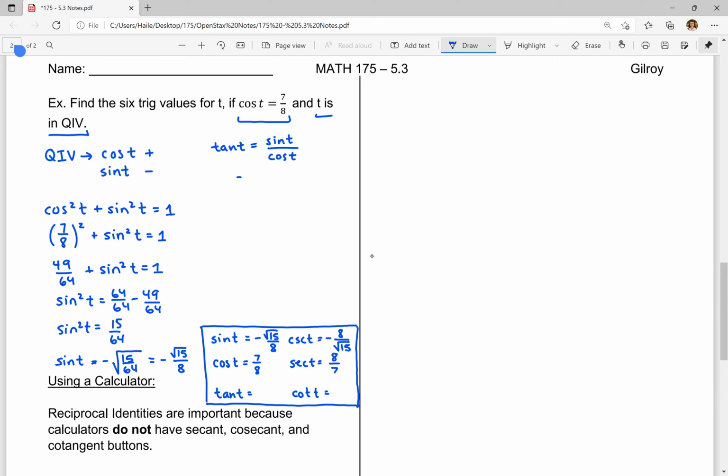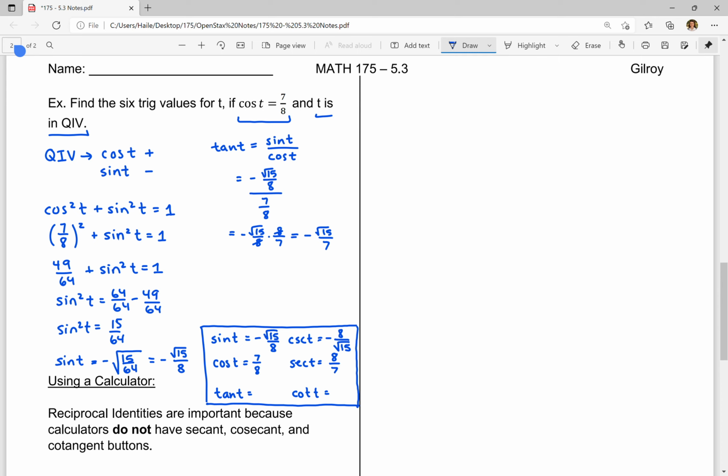We just found that sine of t is negative square root of 15 divided by 8, and we already knew cosine of t was 7 over 8. If I divide these two fractions, I flip the second one and multiply, and these 8's are going to cancel, and I'm left with tangent of t is negative square root of 15 divided by 7.